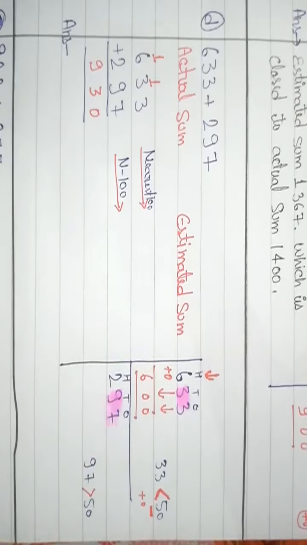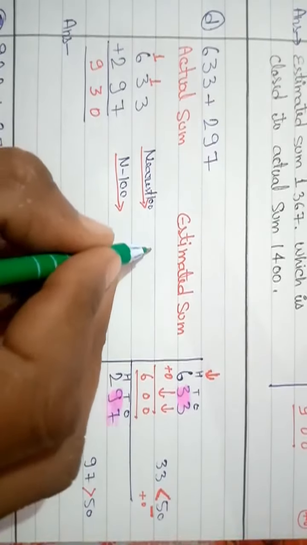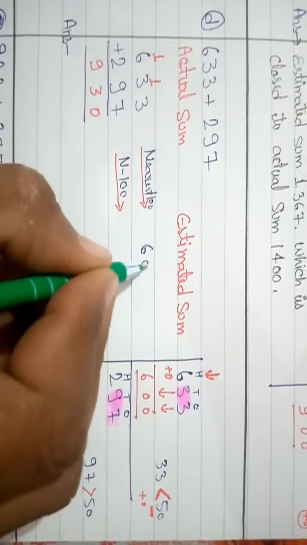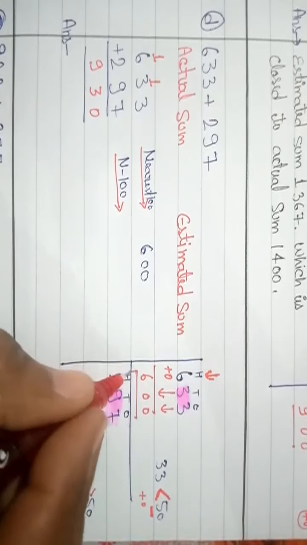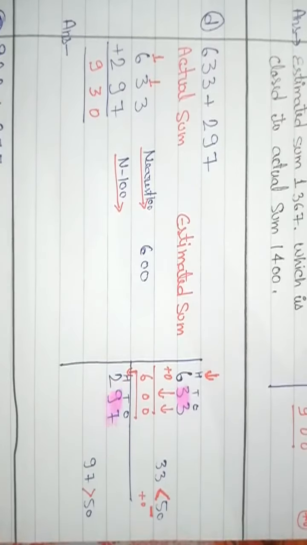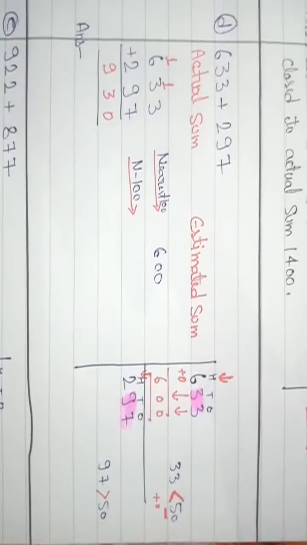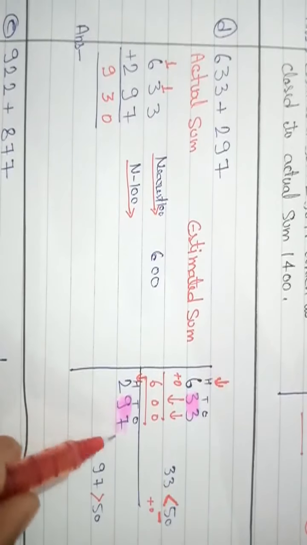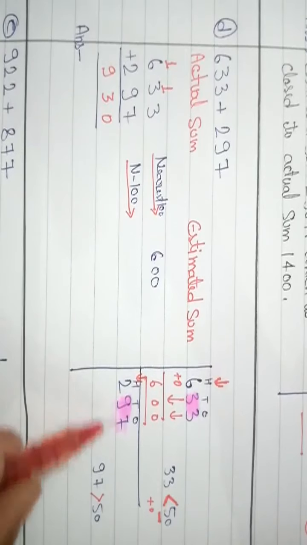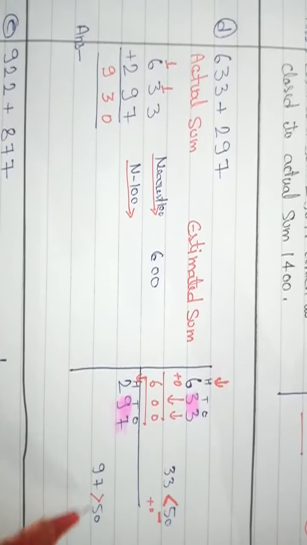So 600. And here we will also do the target 100 place and highlight the rest of the digits, the right hand side digits. It is 97, and compare with 50.